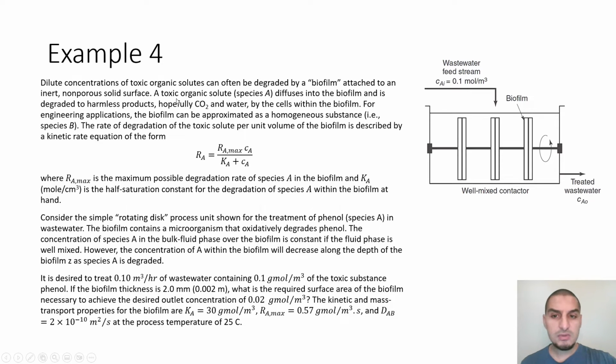So this is what it says, that the biofilm degrades the harmful materials into harmless products, mainly carbon dioxide and water vapor, using the cells in the biofilm, which are the microorganisms.